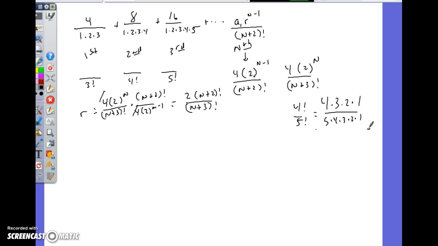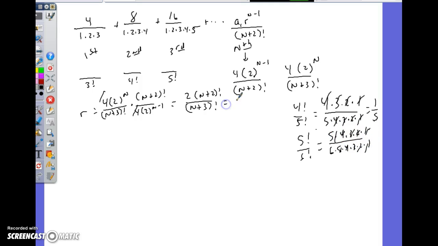So 4 factorial will be 4 times 3 times 2 times 1. 5 factorial will be 5 times 4 times 3 times 2 times 1. Notice what happens. Everything cancels out, and I get 1/5. If I were to do 5 factorial over 6 factorial, same sort of thing would happen. 5 times 4 times 3 times 2 times 1 over 6 times 5 times 4 times 3 times 2 times 1. Everything cancels out but the very first term.